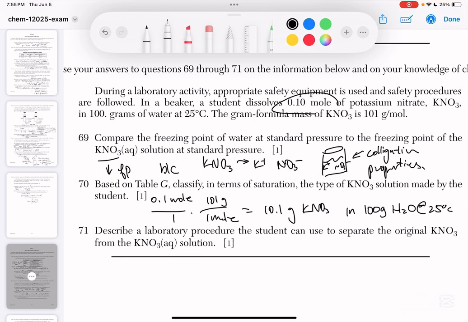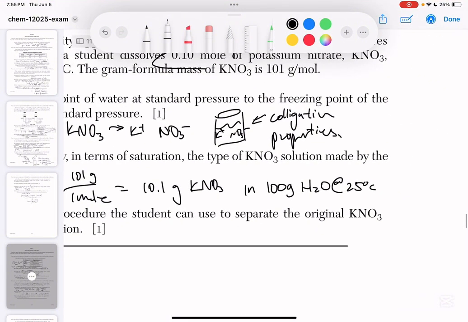Let's see what this is on our table G. It's always hard to read though, it's kind of annoying. At 25, you can see that it's about 40-ish. So this was definitely an unsaturated solution.